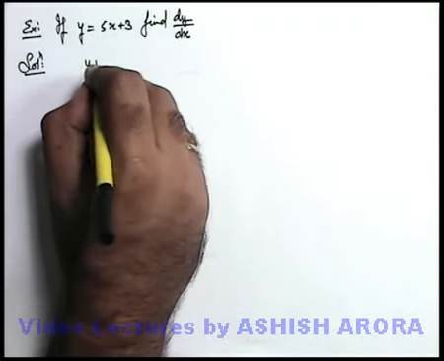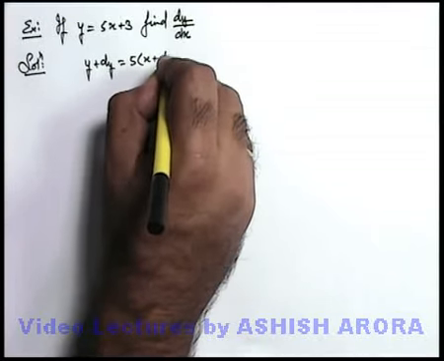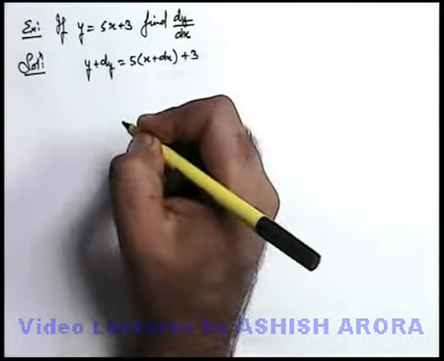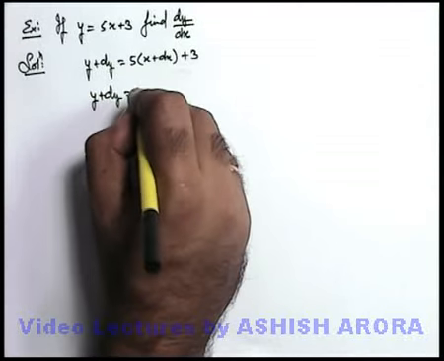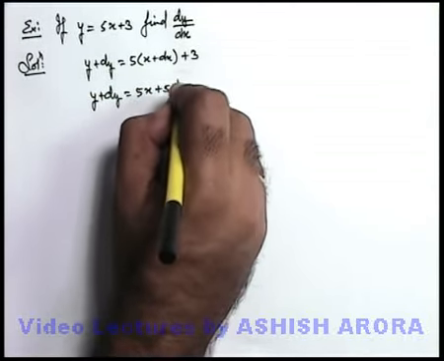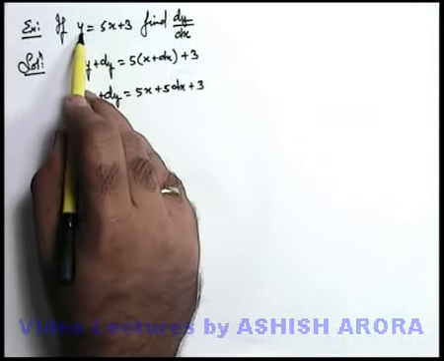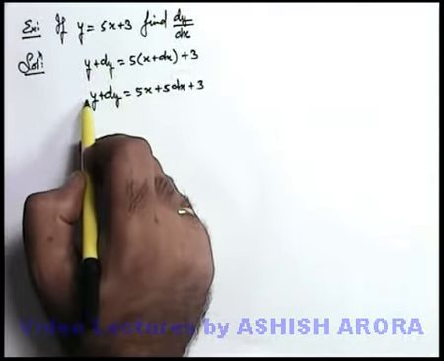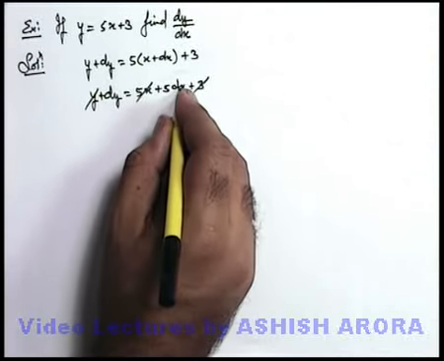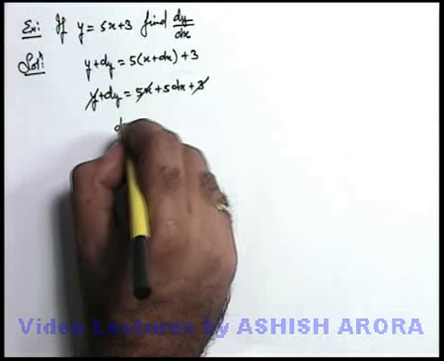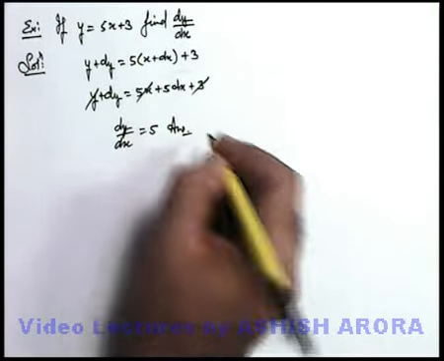So we write y plus dy equals 5 times x plus dx plus 3. If we open it, we get y plus dy equals 5x plus 5 dx plus 3. Here y, which is 5x plus 3, gets cancelled out. So dy is 5 dx and dy by dx equals 5. This is the answer to our question.